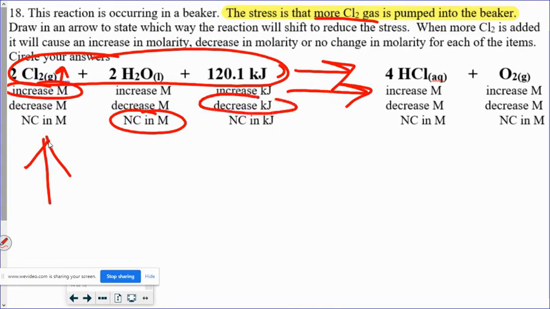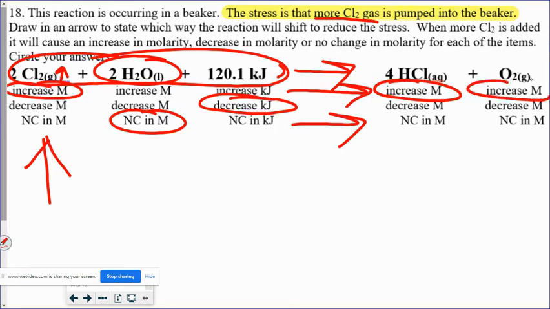So some energy is going to be consumed in this problem. Some water molecules are going to be consumed as well, but the molarity of the water molecules will not change. So if we are shifting this way to make more products, we would expect the hydrochloric acid to go up. We would expect the oxygen to go up.